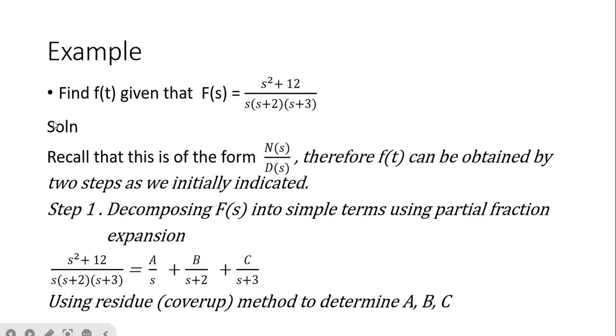You have to go through the partial fraction decomposition. So we have step one. What do you do? Step one, you decompose F of s into simple terms using partial fraction expansion. When you decompose it, you're going to have A all over s plus B all over s plus 2 plus C all over s plus 3.